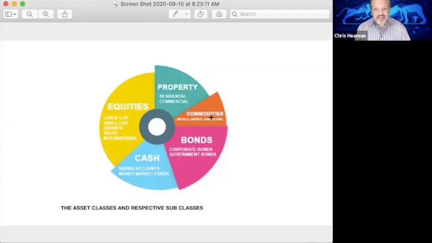Now, it's not easy to get access to. You've got to really understand how to get access to it. But those are the things that are protective when inflation starts to rise. So the reason we have diversification is that we have different things acting in different ways depending on the environment we're in. A little piece of your portfolio placed in commodities can be very beneficial to own when inflation is going up.